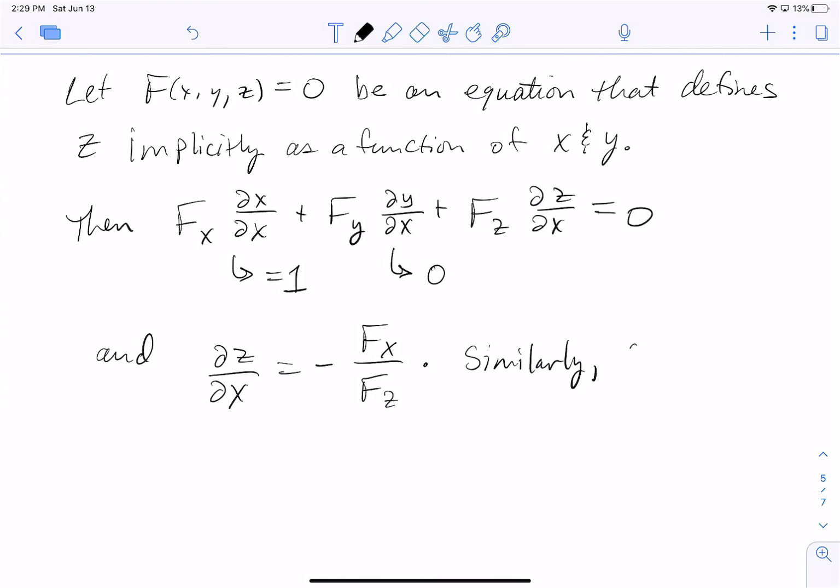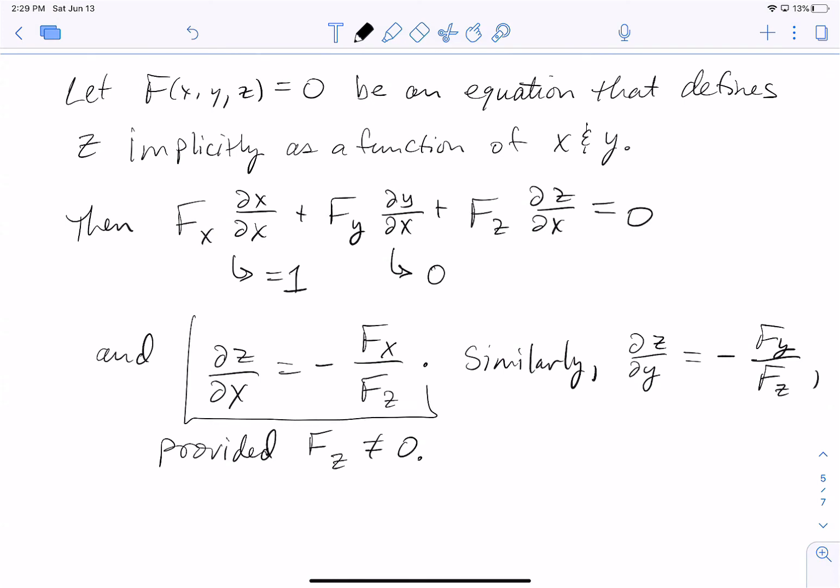Similarly, the partial of z with respect to y is equal to the negative partial of f with respect to y divided by the partial of f with respect to z, provided that the partial of f with respect to z is not equal to 0. I'll put a box around both of these results.